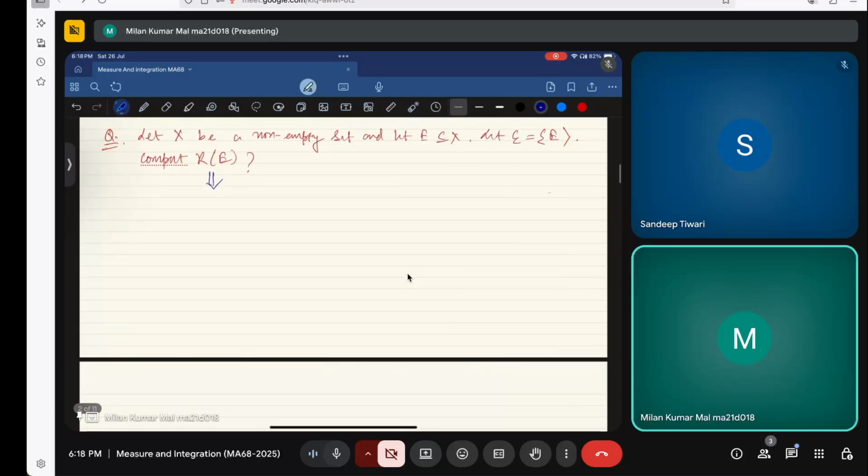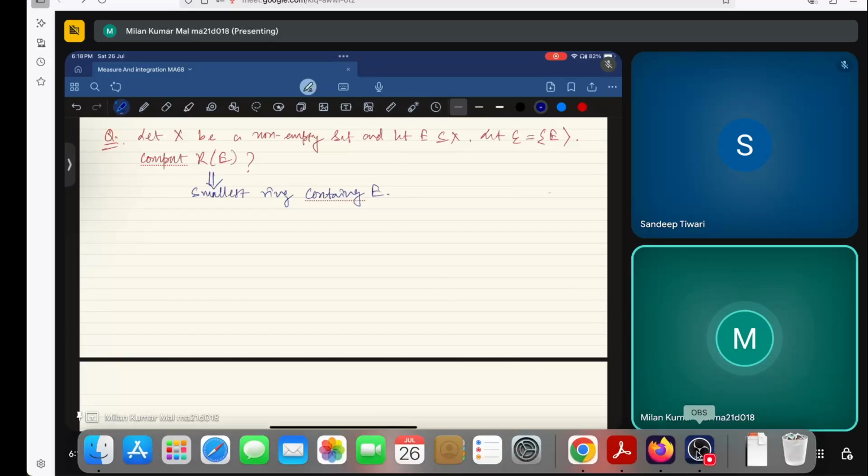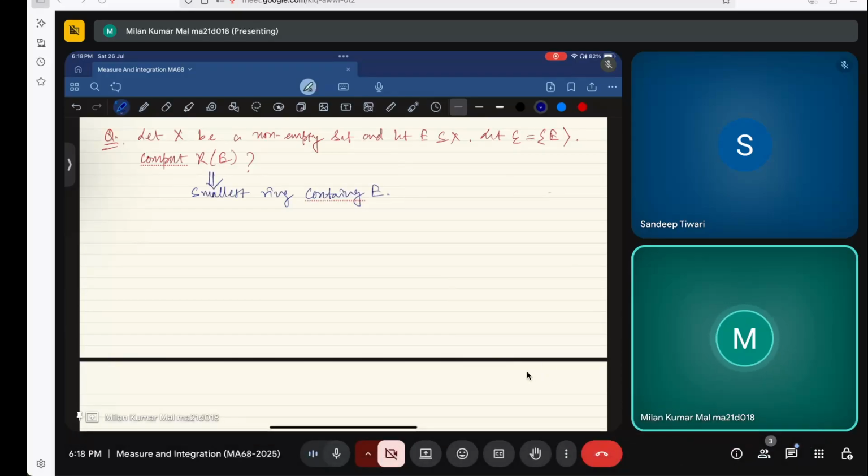Smallest ring containing E. But as we know, if a set is a ring, then the empty set will always be there, whatever the situation. Why will the empty set be there?